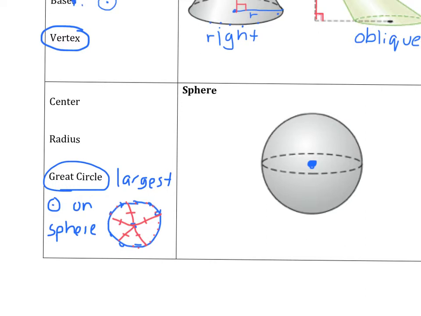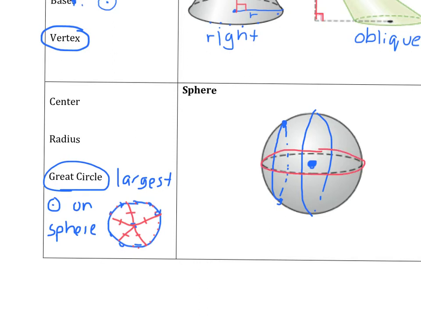So, for example, this is not a great circle. If I try to connect this to this and I go around like that, that is not a great circle because it's a small one compared to this one. This one, of course, goes around like that, as does this other one that's horizontal. That one goes around like that.